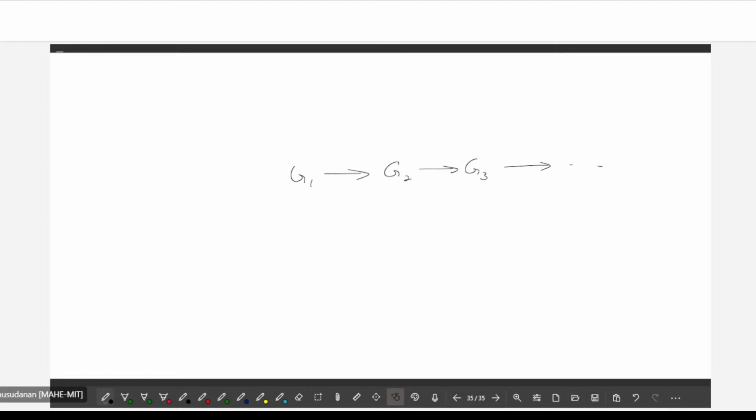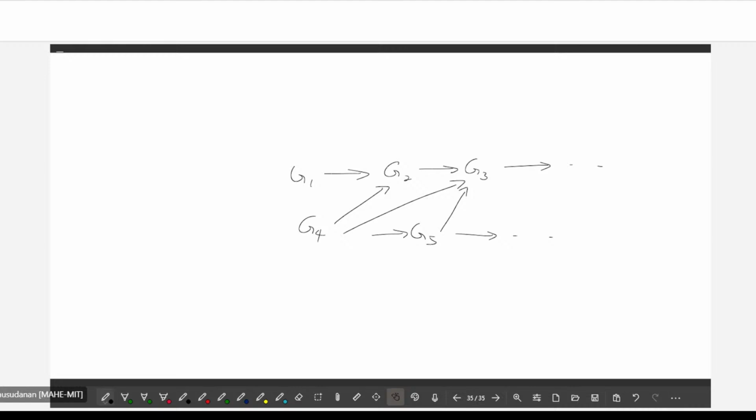In fact, it can be more general than this. You have some kind of thing called a directed system. These are all different groups where there are homomorphisms from each element to some next element.